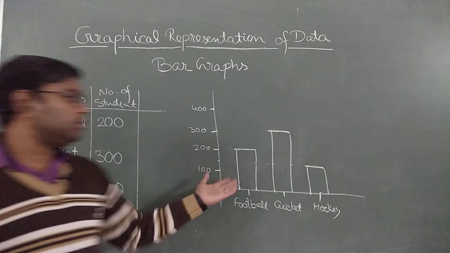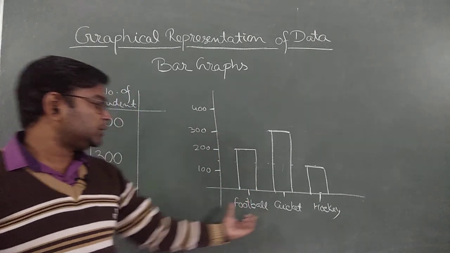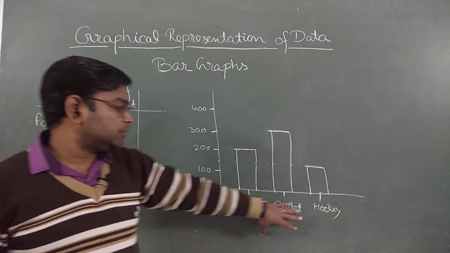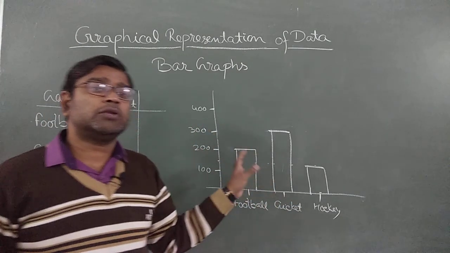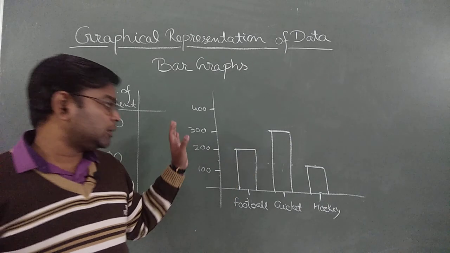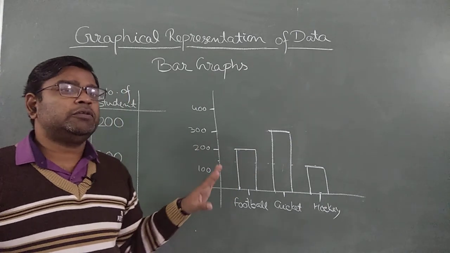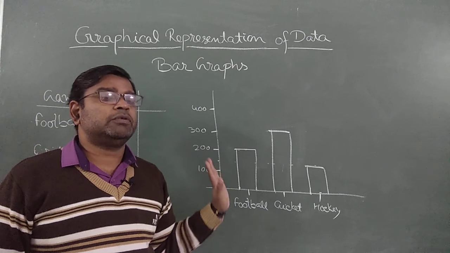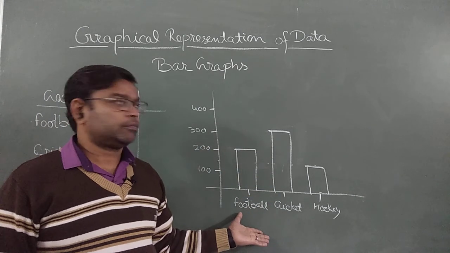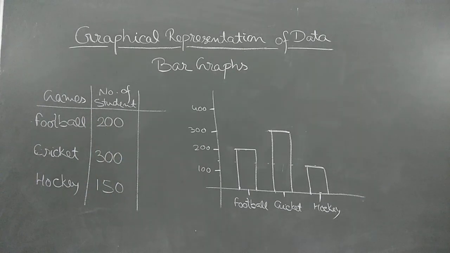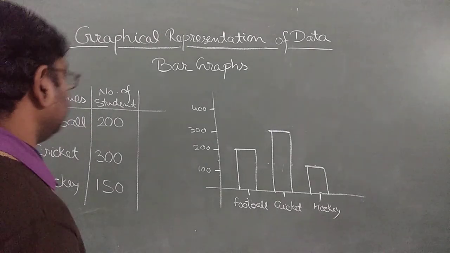Sometimes bar graphs may be vertical, meaning we change the position of this physical quantity to this side and this one to this side. That is a horizontal bar graph, but we rarely use that type of bar graph. Generally we use this type of bar graph. So this is your representation of a bar graph. Hope this is clear to you. Suppose only the graph is given to you.